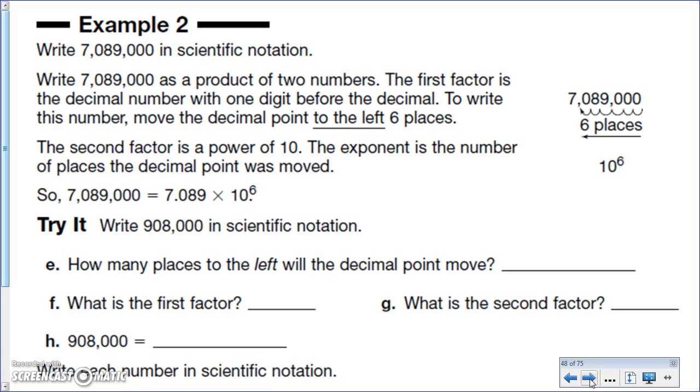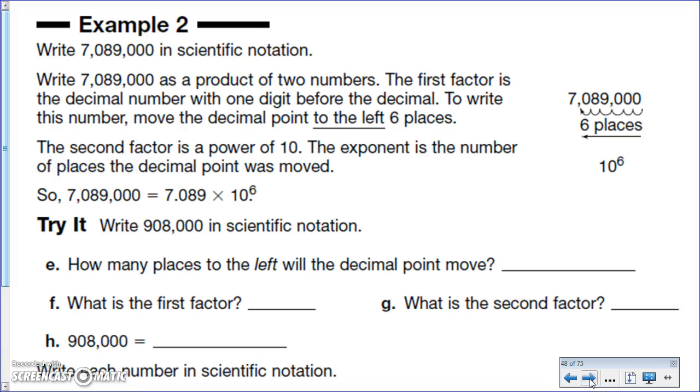Example 2. Write 7,089,000 in scientific notation. Write 7,089,000 as a product of two numbers. The first factor is the decimal number, with 1 digit before the decimal. To write this number, move the decimal point to the left 6 spaces. As we've talked about this year, every whole number has an invisible decimal at the end, so you're just taking the decimal from behind the last 0 and moving it up to right behind the 7.